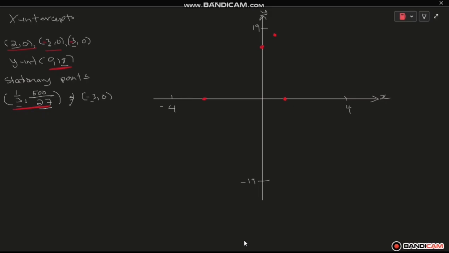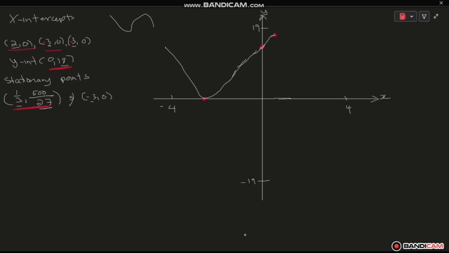But we know that our graph must start by decreasing and end by decreasing, since a is negative, right? Then let's try to draw it. It is decreasing. It increases. Then stationary point. Then it decreases.